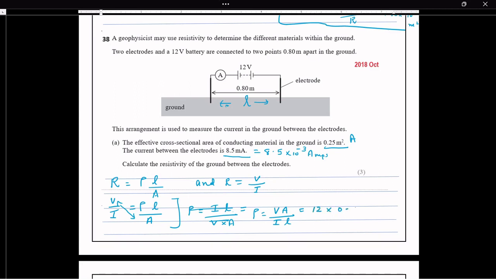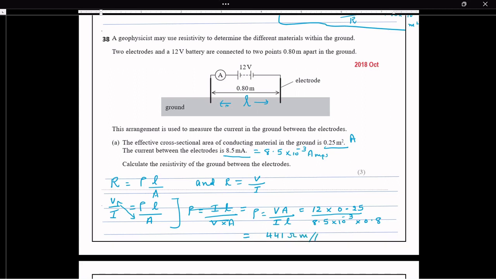Then the area is 0.25 over the current, which is 8.5 times 10 to the power of negative 3, times the length, which is 0.8. So on calculation, this is giving a total resistivity of 441 ohm meter. This is the answer I'm getting.